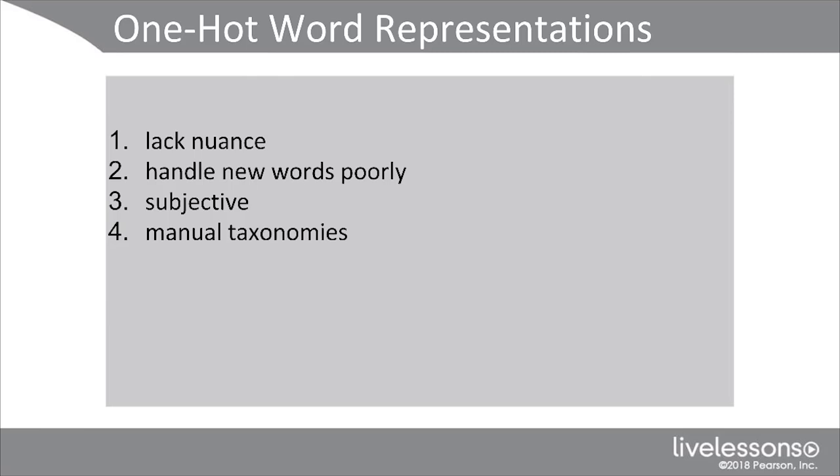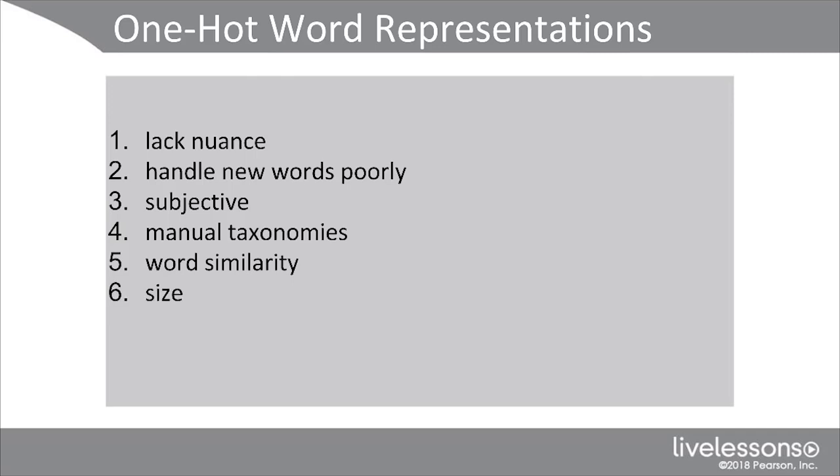The fourth thing is that humans need to manually create these taxonomies, which takes time and effort. Again, the vector space skips right past that. The fifth thing is that word similarity cannot be computed easily with the one-hot word representations. So in the vector space embedding, they can. For example, it's just the Euclidean distance between these points.